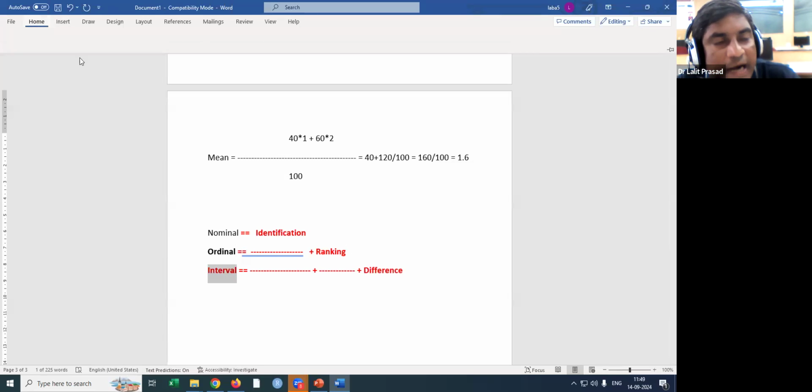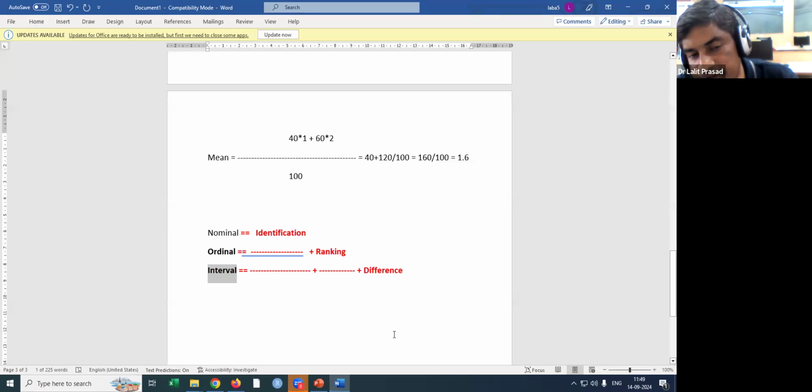So one attribute is increasing. So if I ask you, out of these 3 scales, which is the better one? Can you tell me? I haven't explained interval yet, but you tell me which is the better one.